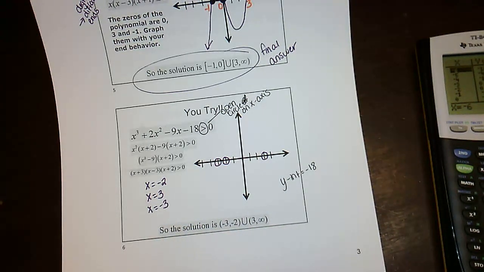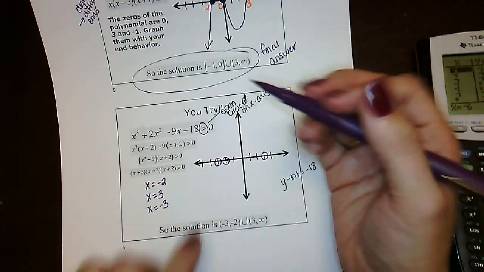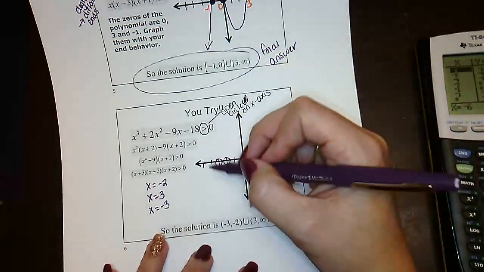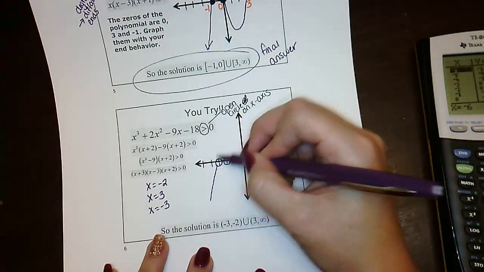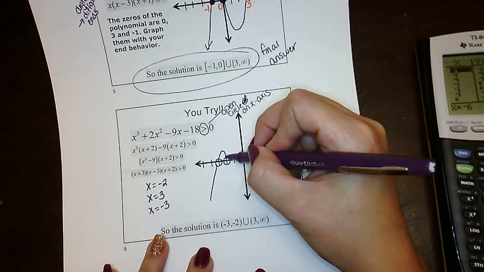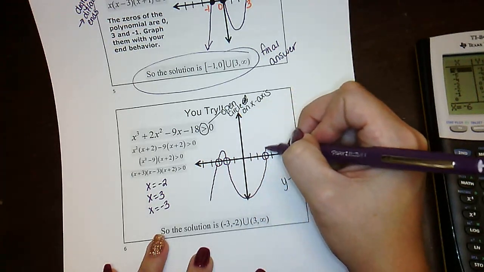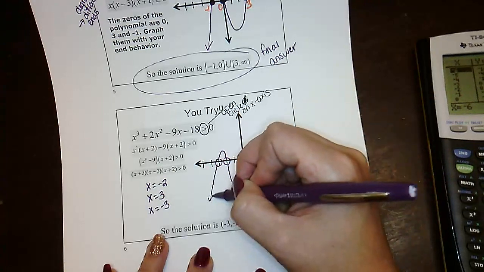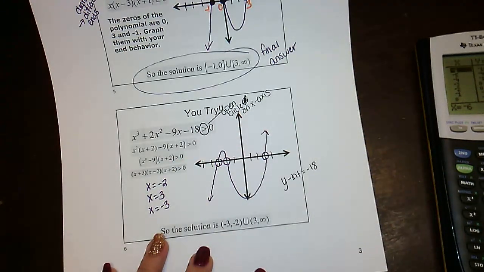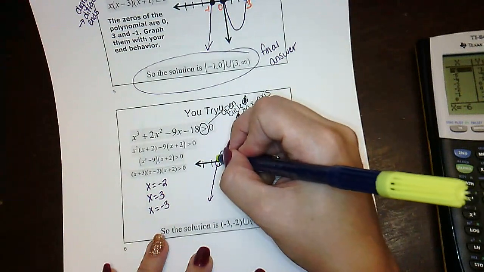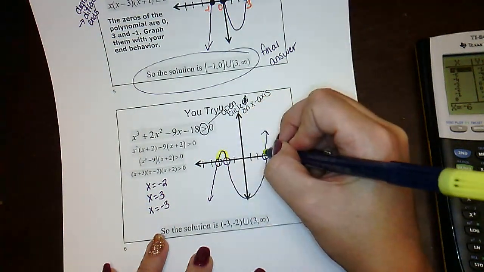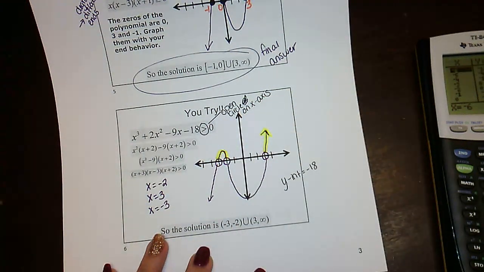Then I do my rough sketch. Same thing. It's going to look very similar to the one above. So it starts down, turns here, goes all the way down here, and goes up. Since this is greater than 0, we are going to graph above the x-axis.